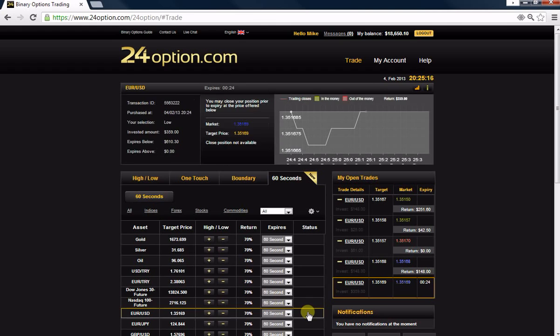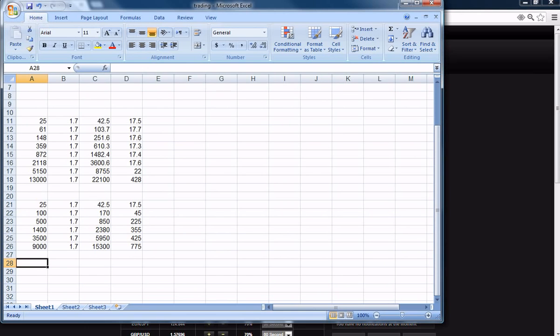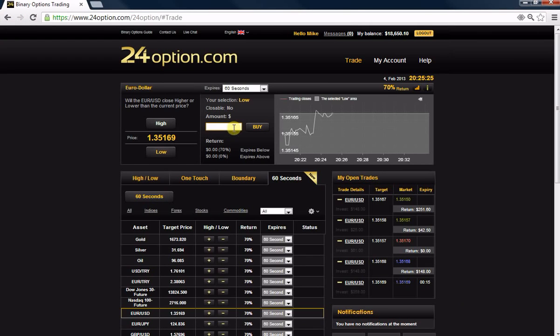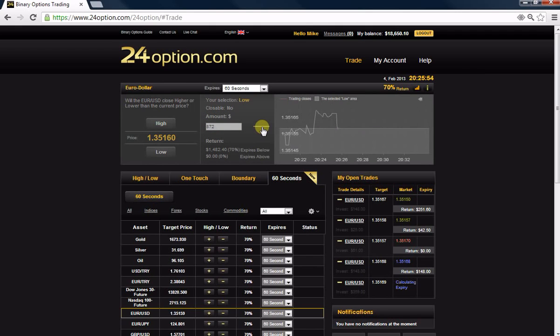Okay, we're going to hit Euro US dollar. Go with low. Our next trade is going to be $872. If we lose this trade, okay, we're going to wait to see what the outcome of this trade was. Okay, we're going to purchase our next trade.